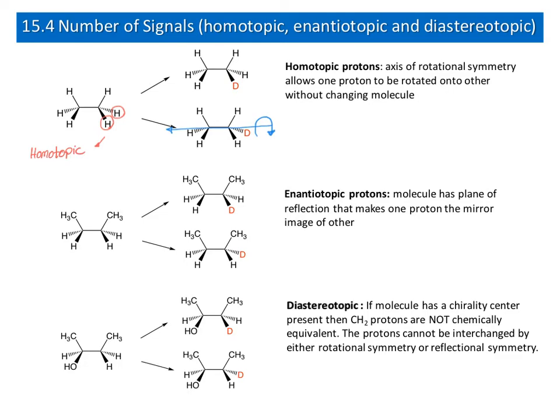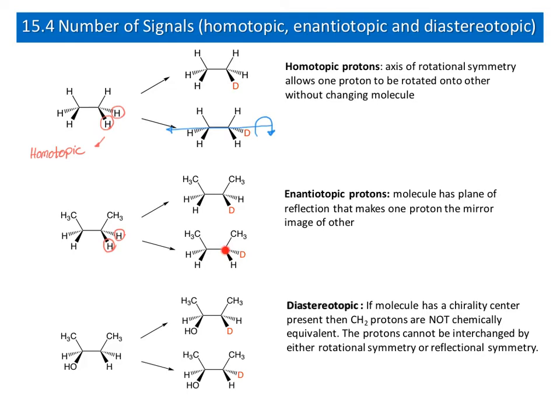Now, if we look at butane molecule, again, we want to know what's the relationship between these two protons. We are going to do the exact same thing. We are going to do the replacement test, so we are going to replace each proton with deuterium. Now after doing this, we see that this carbon is a chiral carbon.